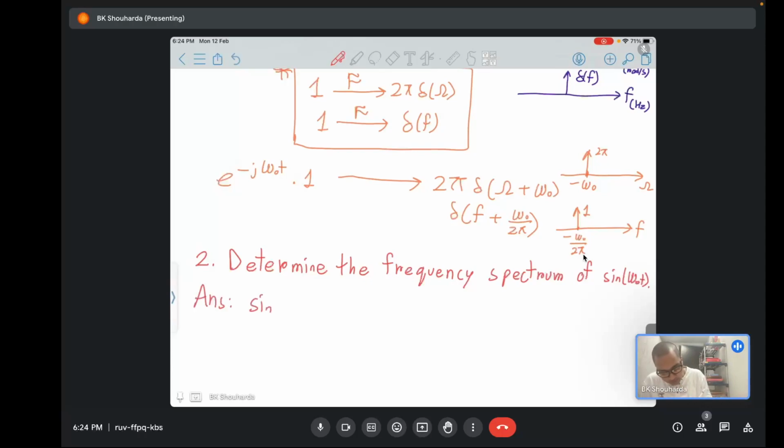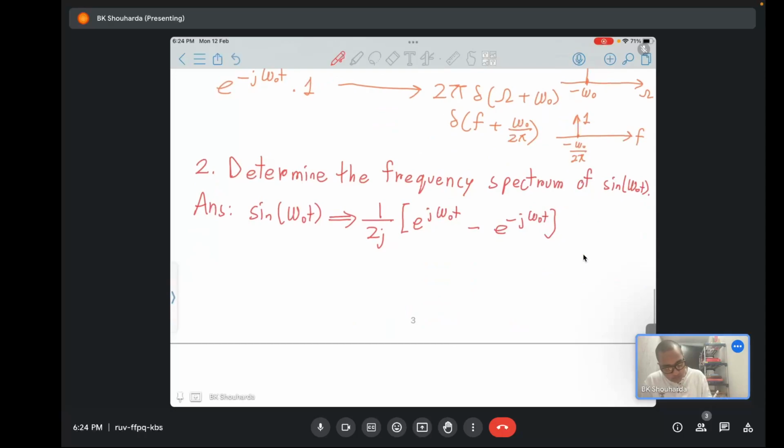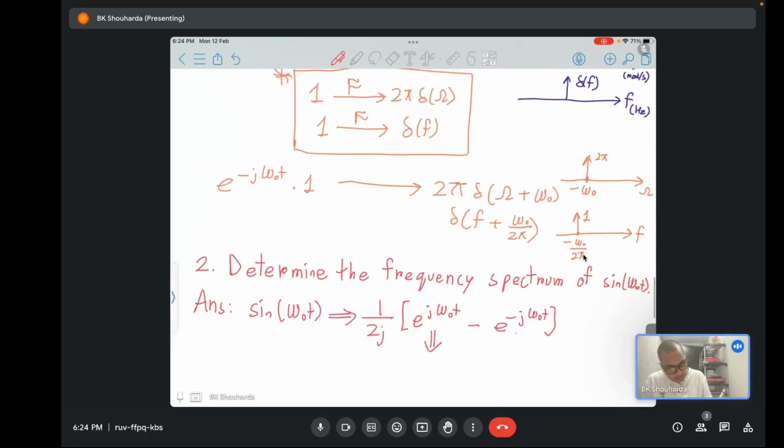Sine omega naught t, as we noted earlier, can be written as 1 upon 2j, e to the power j omega naught t minus e to the power minus j omega naught t. Now what was this Fourier transform, and what is this Fourier transform?